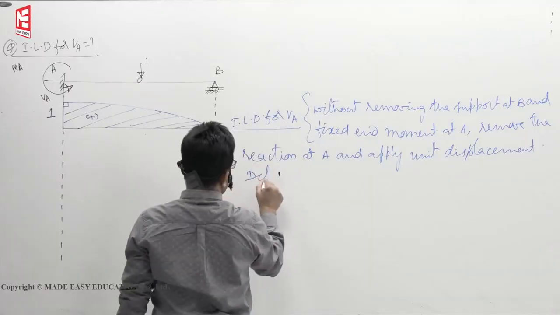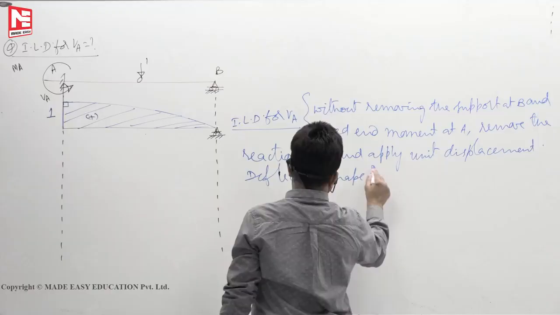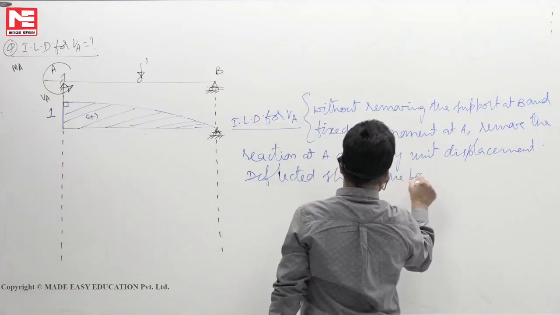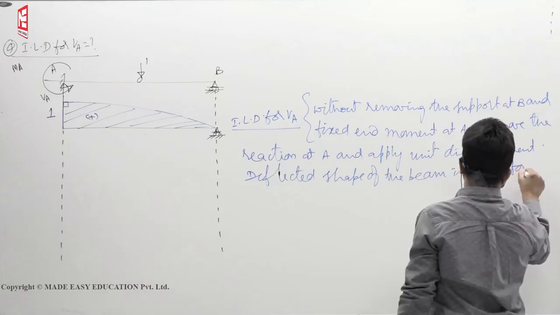The deflected shape of the beam is the ILD for VA.